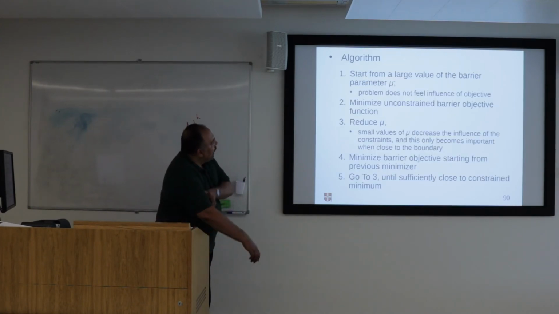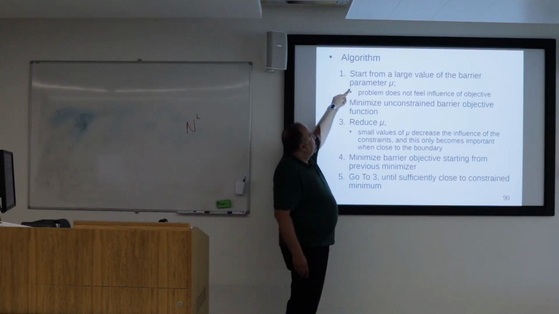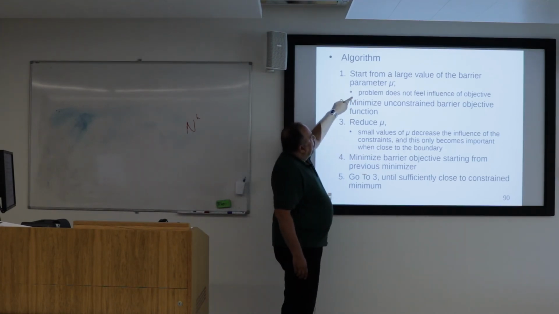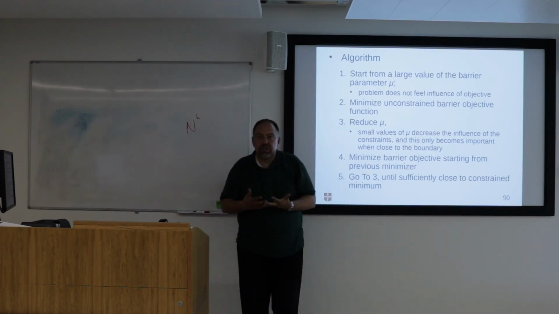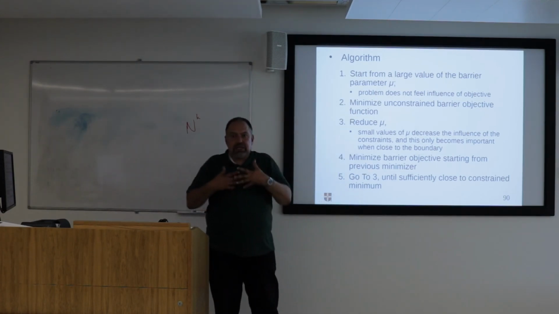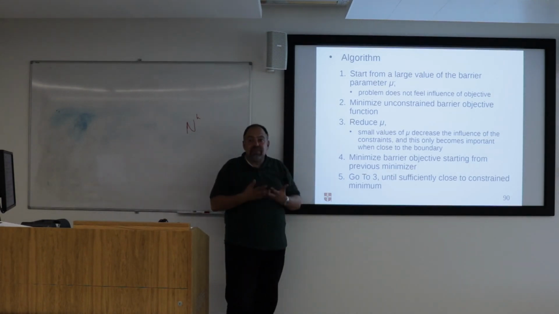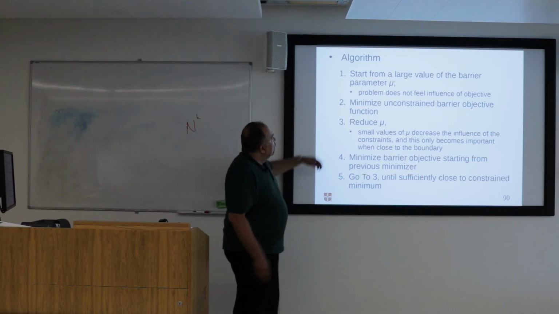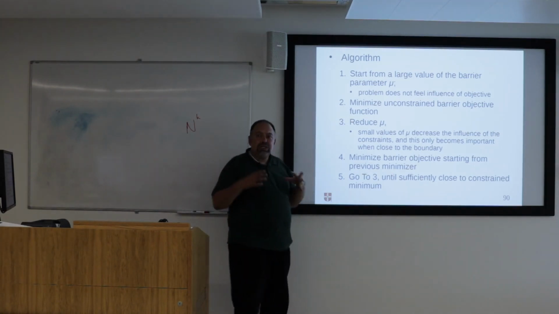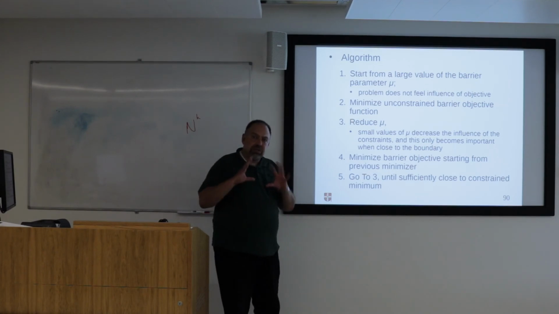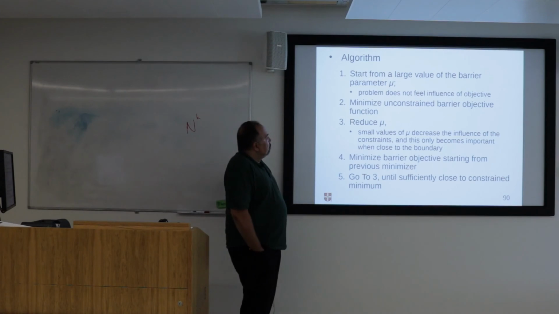So the algorithm starts from a large value of the barrier parameter mu, where the problem does not really feel the influence of the objective. A big value of mu penalizes heavily the constraints. Minimize the unconstrained barrier objective function, not with standard unconstrained algorithms, but with suitably tailored routines.